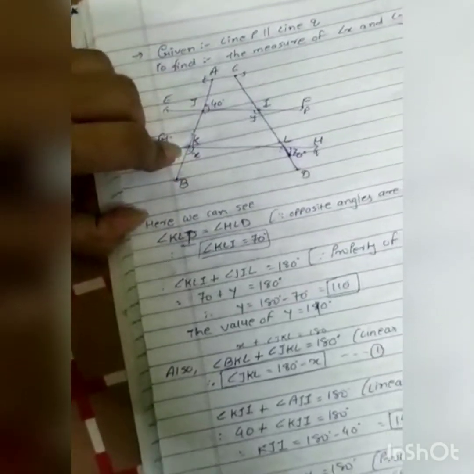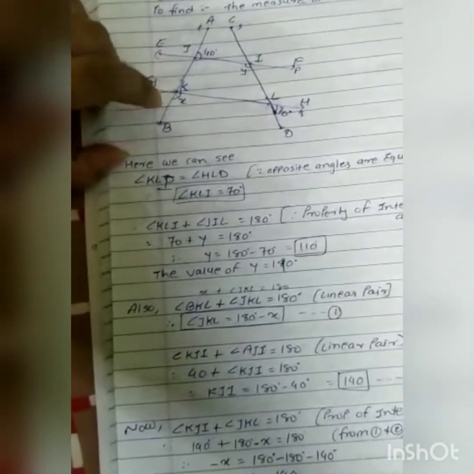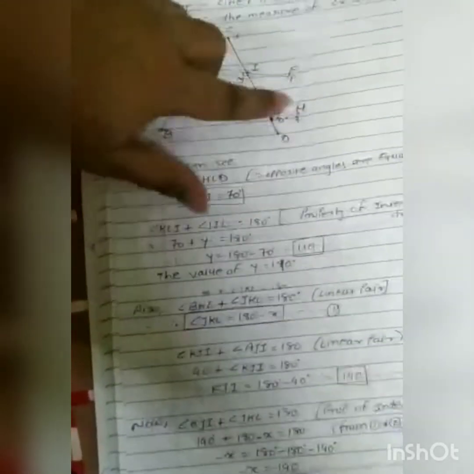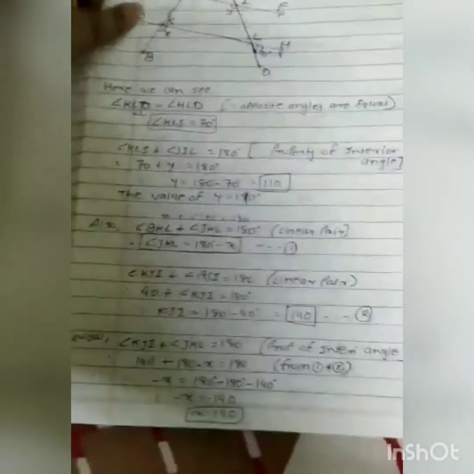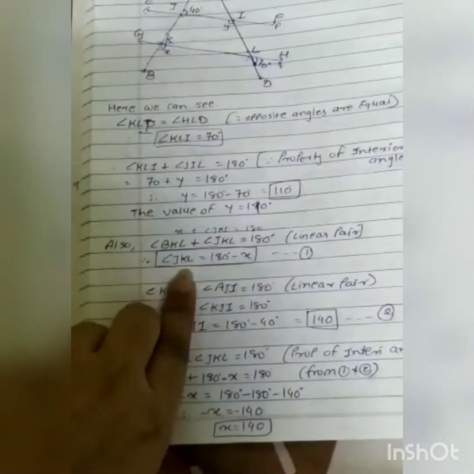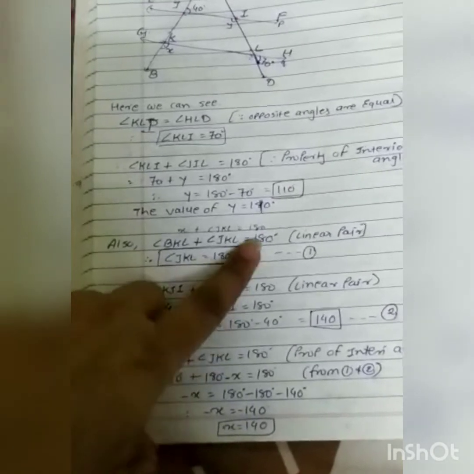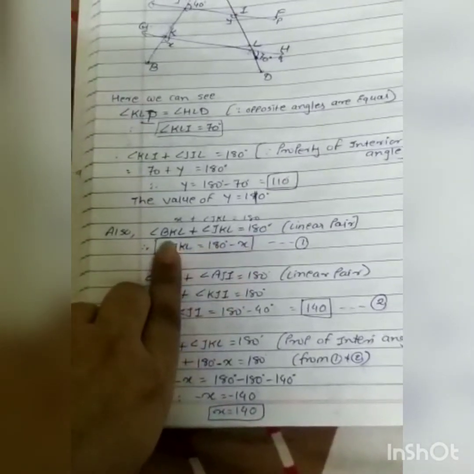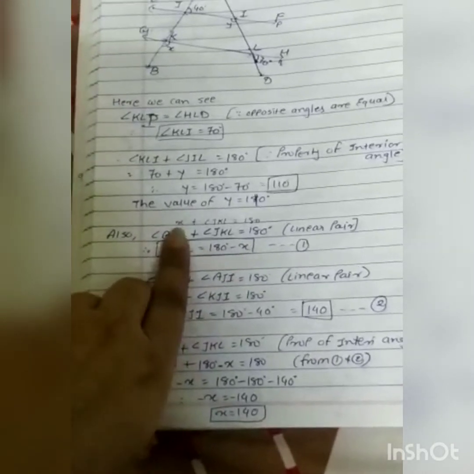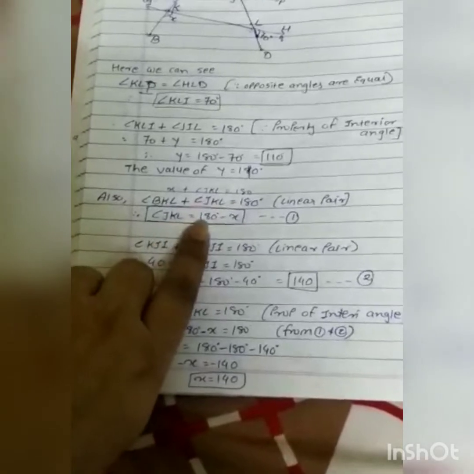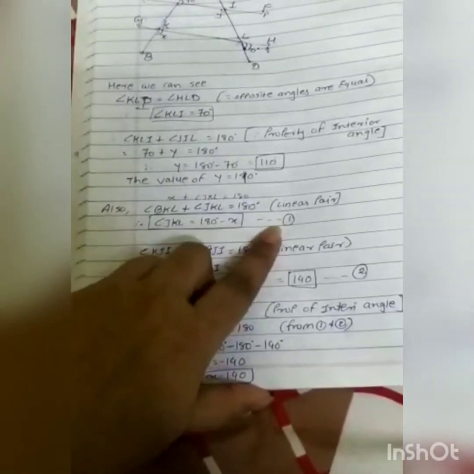BKL and JKL are a pair of linear angles, a linear pair. It is also 180 degrees. Means BKL, which is x, plus JKL is equal to 180. That means JKL is equal to 180 minus x. Our first equation.